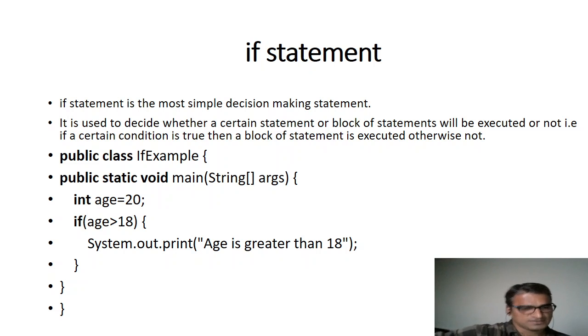So let me illustrate that concept with the help of this small program. I am using a class called IfProgram. Then obviously we need to define the main function. Then I am using one object called age, and I assign the value of age as 20. Now I am going for the decision-making statement: if age is greater than 18.